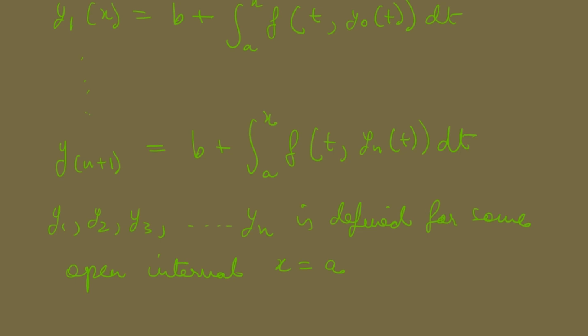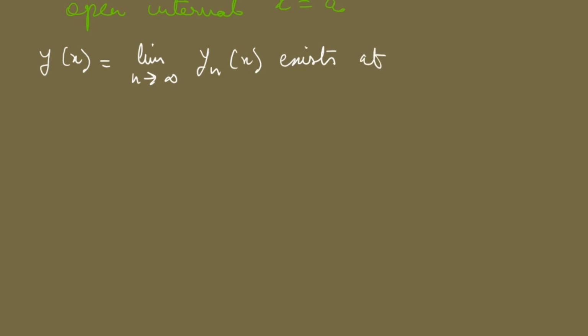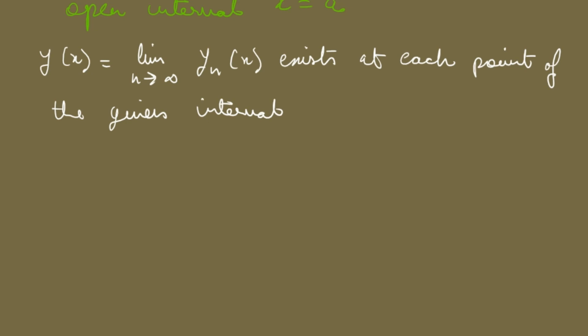From here, it means that y of x is equal to the limit as n tends to infinity of yn of x, if it exists at each point of the given interval.